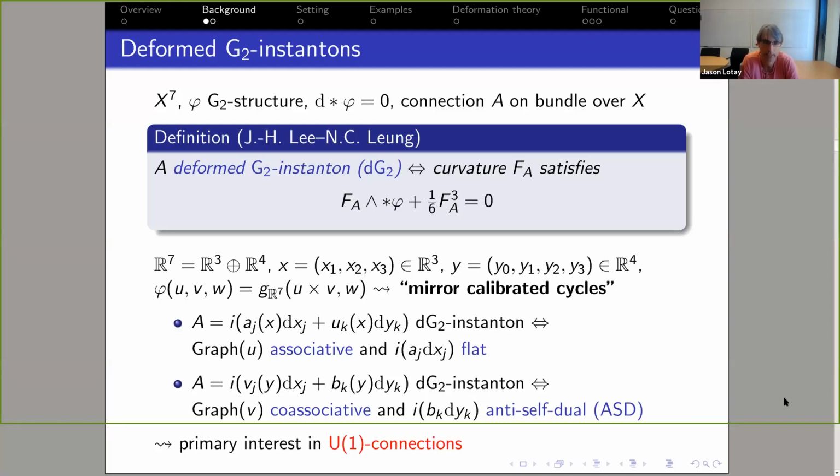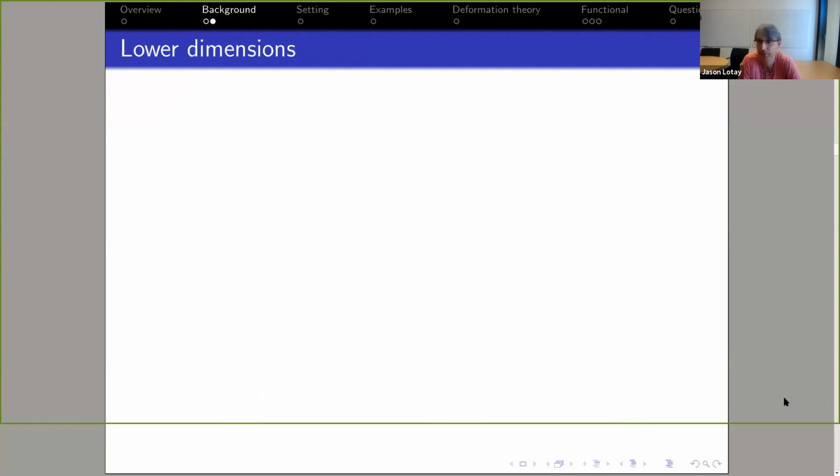So what is the setting? What is it that you can do with these deformed G2 instantons? If you want to find examples, the simplest thing you might try is to look at lower dimensions and see if it has anything to do with gauge theories we already know about.